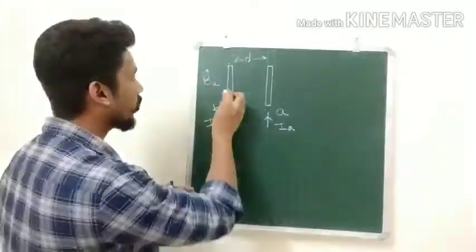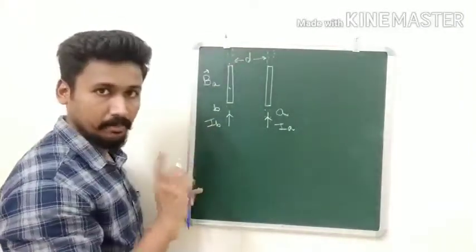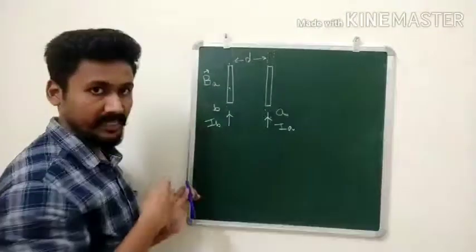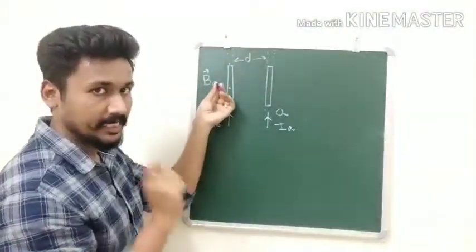To show that we can draw a dot. So BA is the magnetic field on conductor B, pointing outwards, as given to us by the right hand thumb rule.